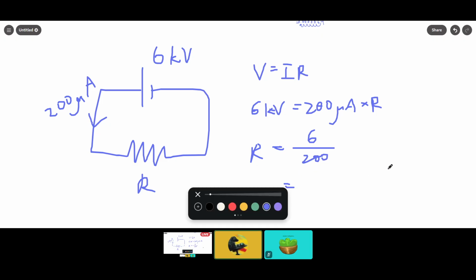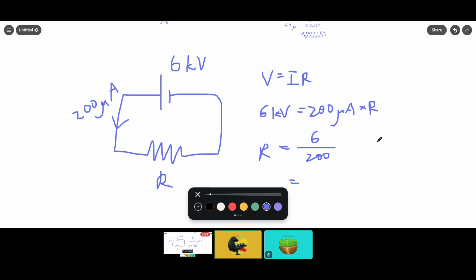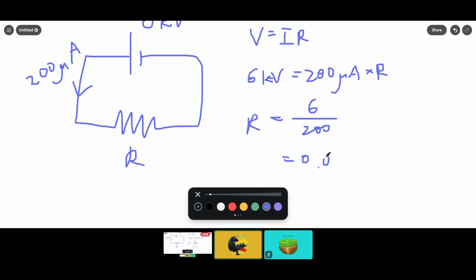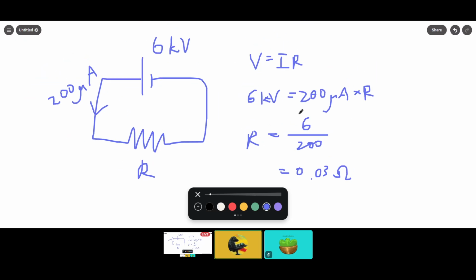We get out our calculator and find that the resistance is 0.03 ohms. If you did this, you are wrong and you should pay attention right now.